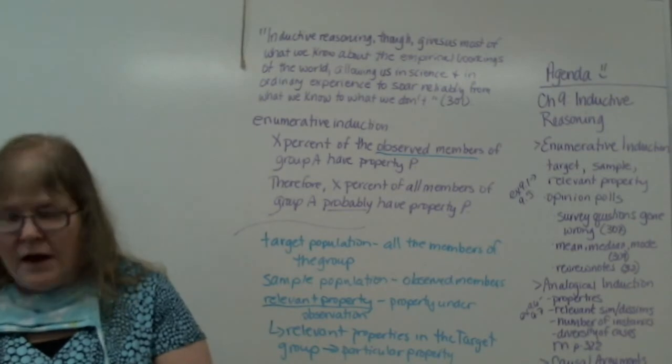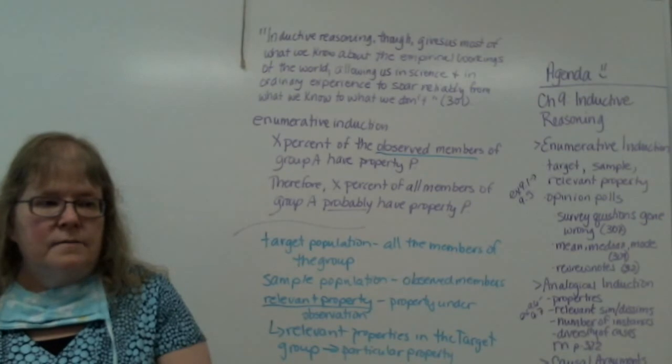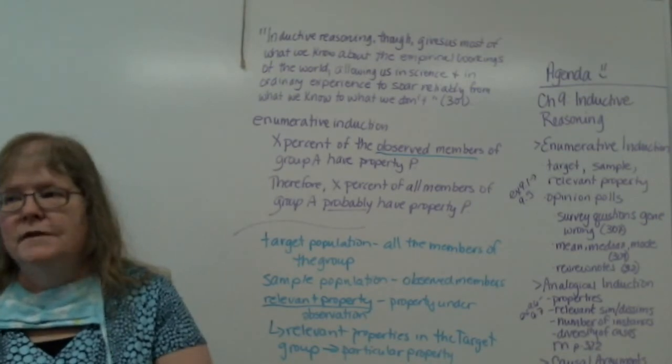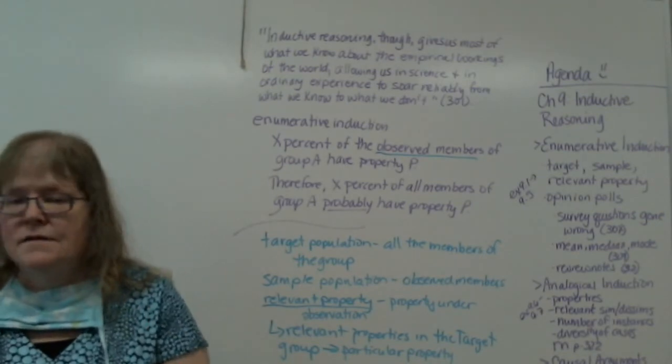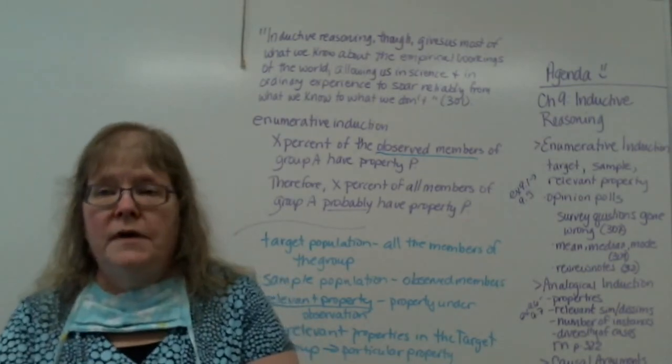Every year when I used to teach this as a seated course, we would look around the room and go, yeah, no. The average age for college students here is 27.